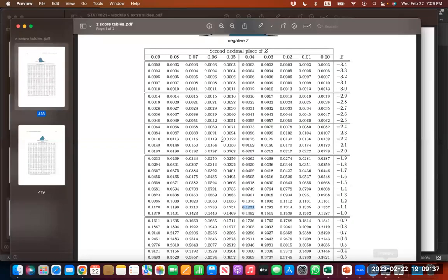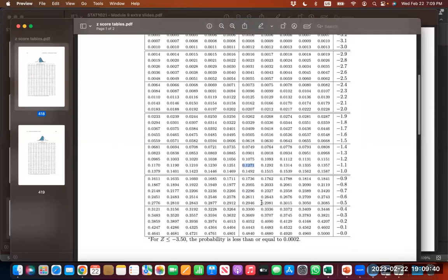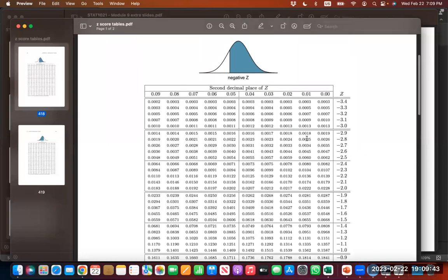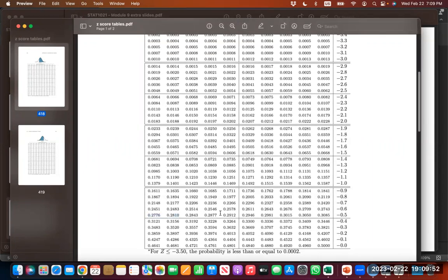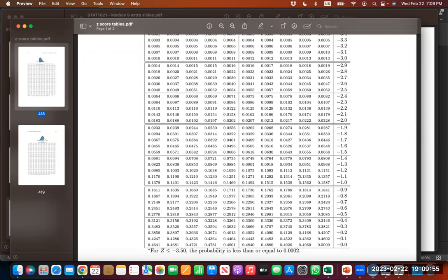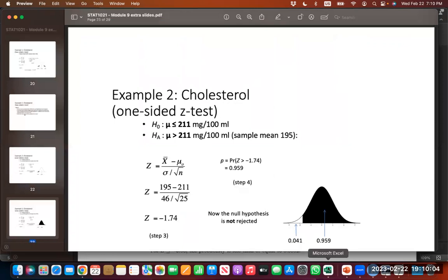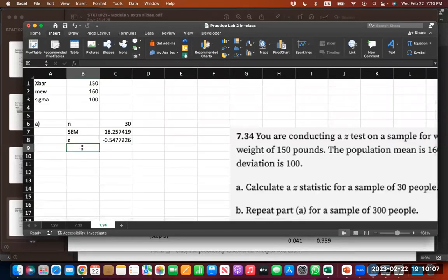If we look this up on the distribution table, minus 0.54 is here 0.2946. Right. 0.2946 is the one-sided P for a z score equal to minus 0.54.